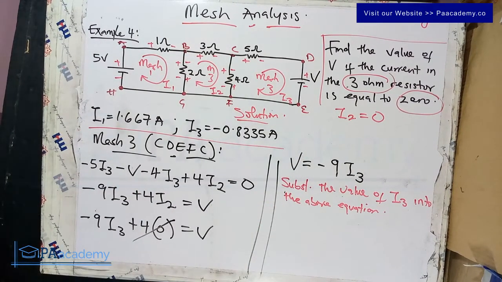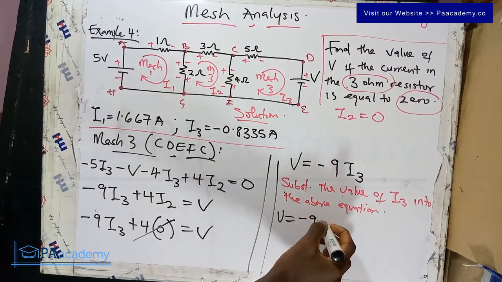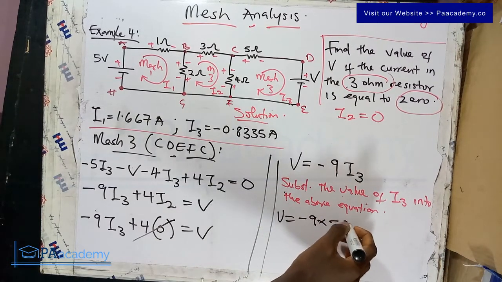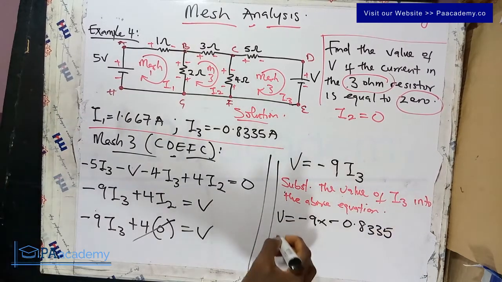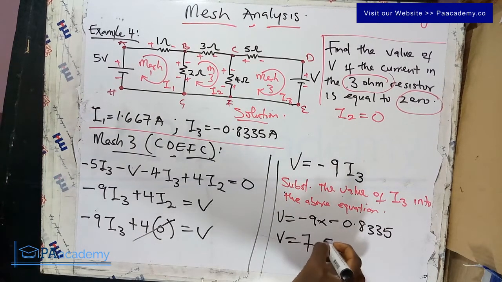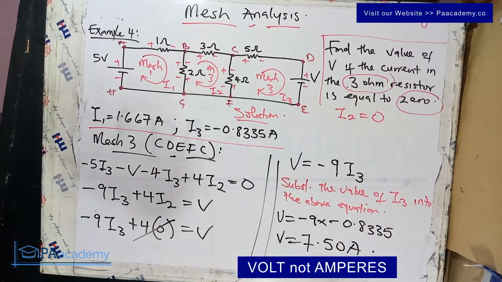Let me write it. In doing that, we are going to have V equals minus 9 times minus 0.8335. If you multiply minus 9 times minus 0.8335, we are going to get our V to be 7.50 amperes. And with that, we've been able to find the value of V.